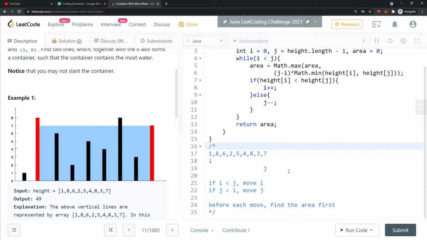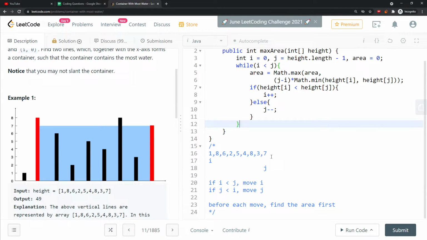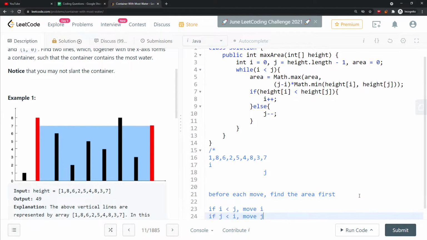So let's talk about the idea. I have two pointers, i and j: one pointing at the beginning, the other pointing at the end. Before I move i and j, I need to find out what the current area is.